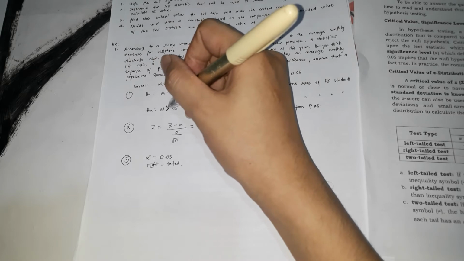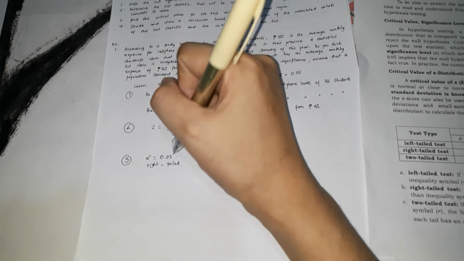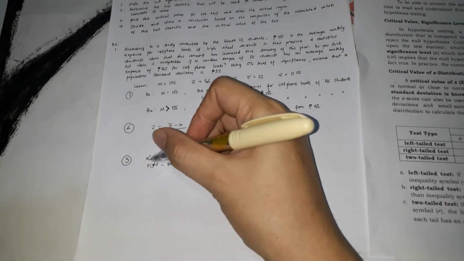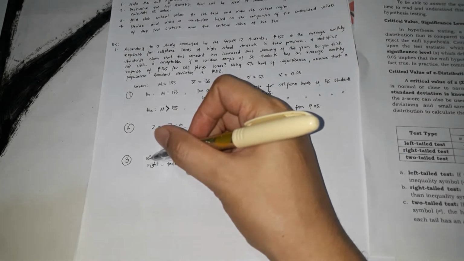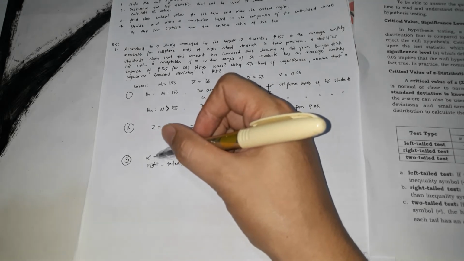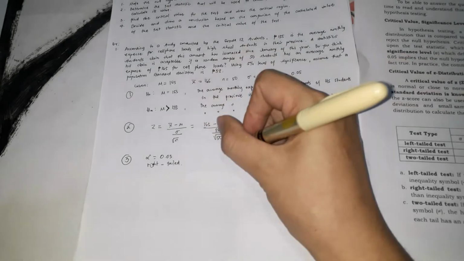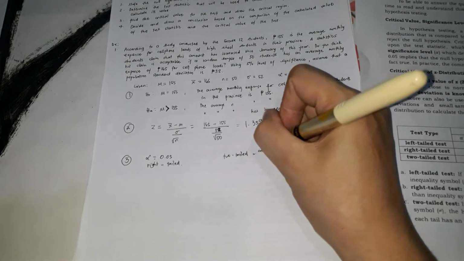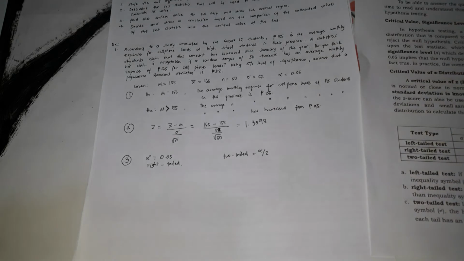So, if it is two-tailed, kailangan mo i-divide by 2 itong alpha para tama ang sagot. Again, if it is two-tailed, alpha should be divided by 2. And that's how you're going to know the alpha.